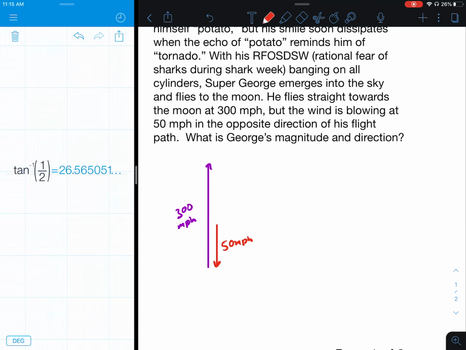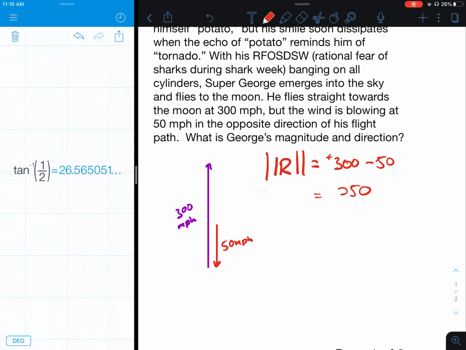Let's call the resultant here vector r for resultant. Its magnitude, in this case, since there's no triangle, it's just going to be 300 in the positive direction and 50 in the opposite direction.